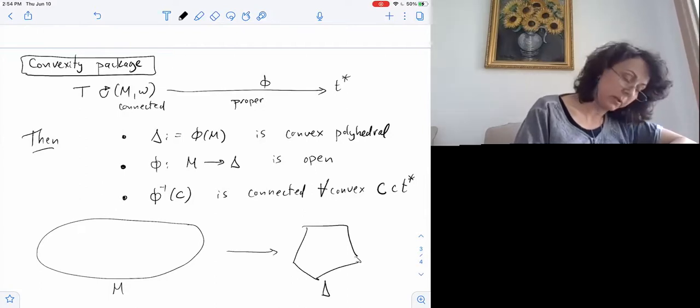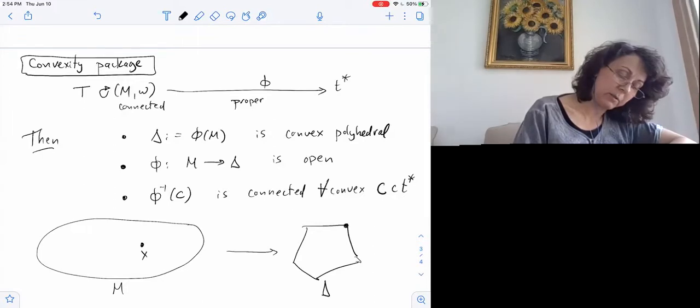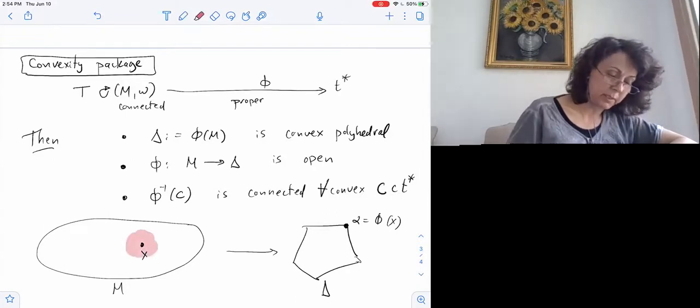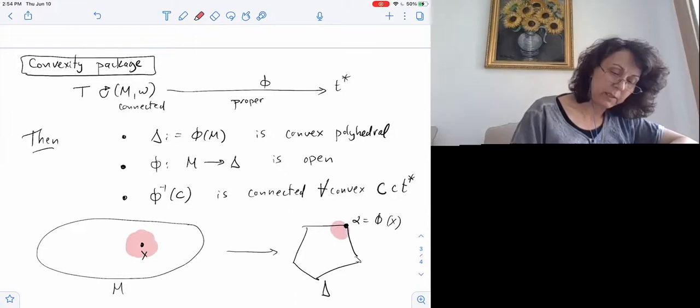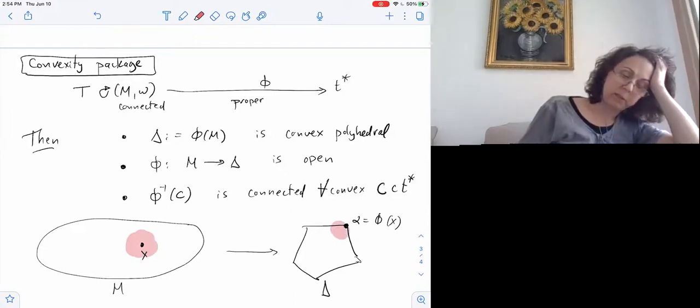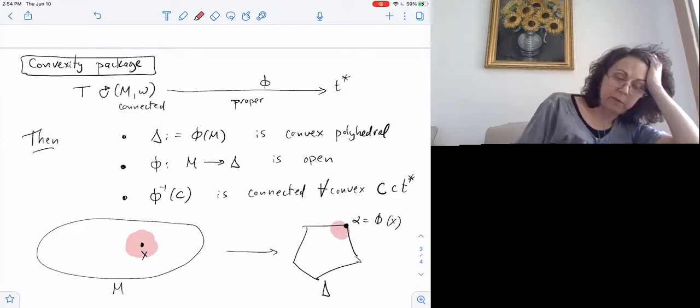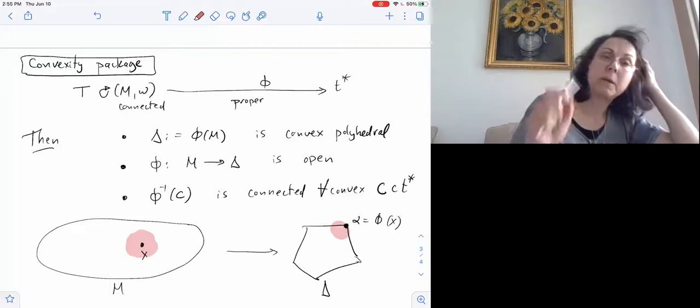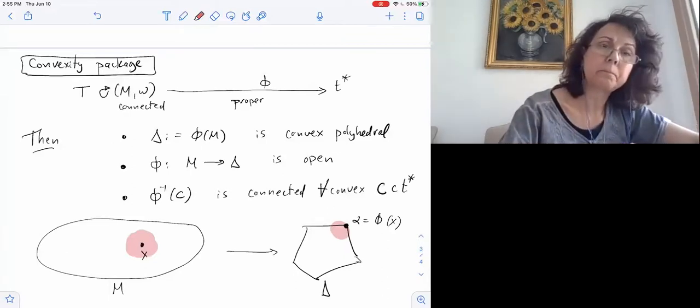And I might have a point here, X, maybe it goes to a corner, for example. If I'm looking at a little neighborhood of X in the manifold, it will go to a little neighborhood with the relative topology of alpha inside delta. So if I want to know what delta looks like inside alpha, I don't have to search through all the preimages of alpha. I can just search through a little neighborhood of one of them.